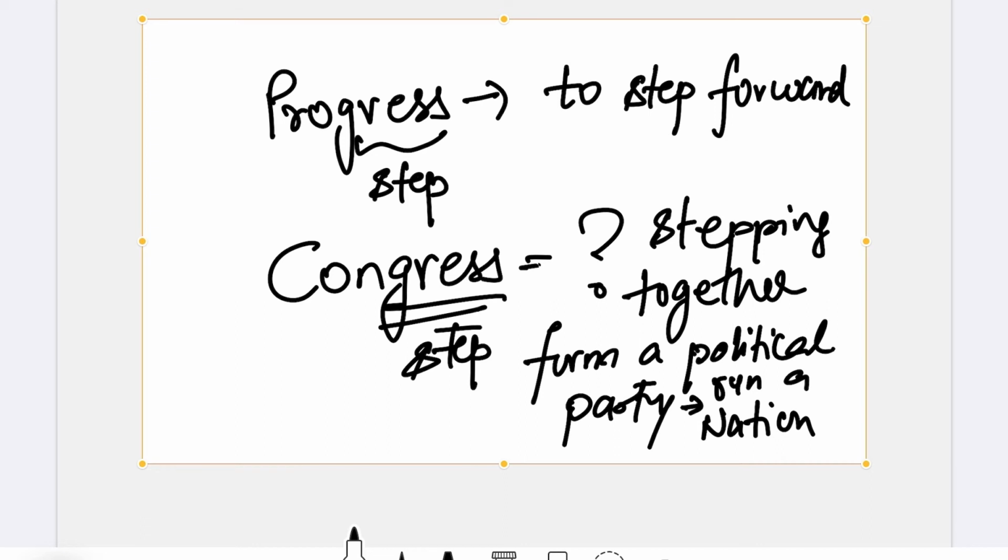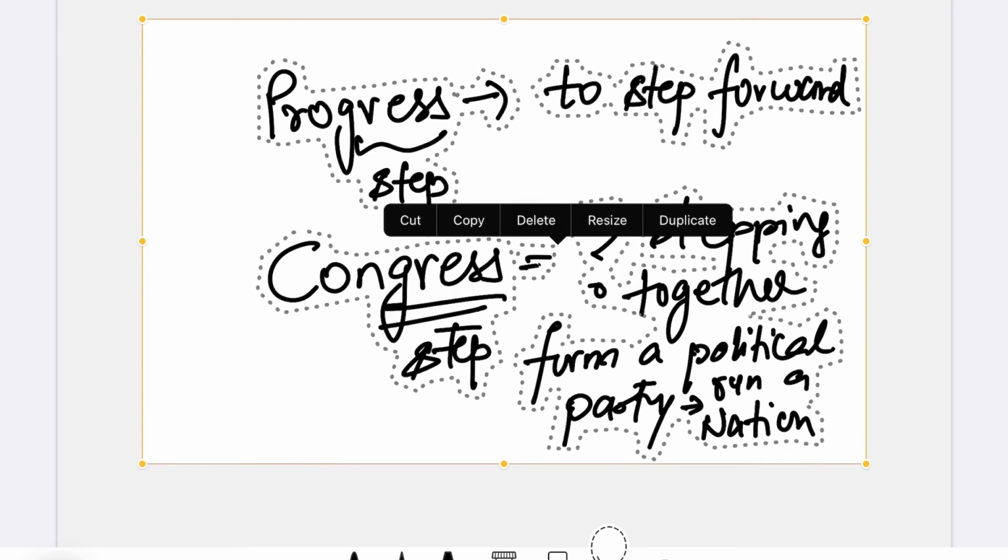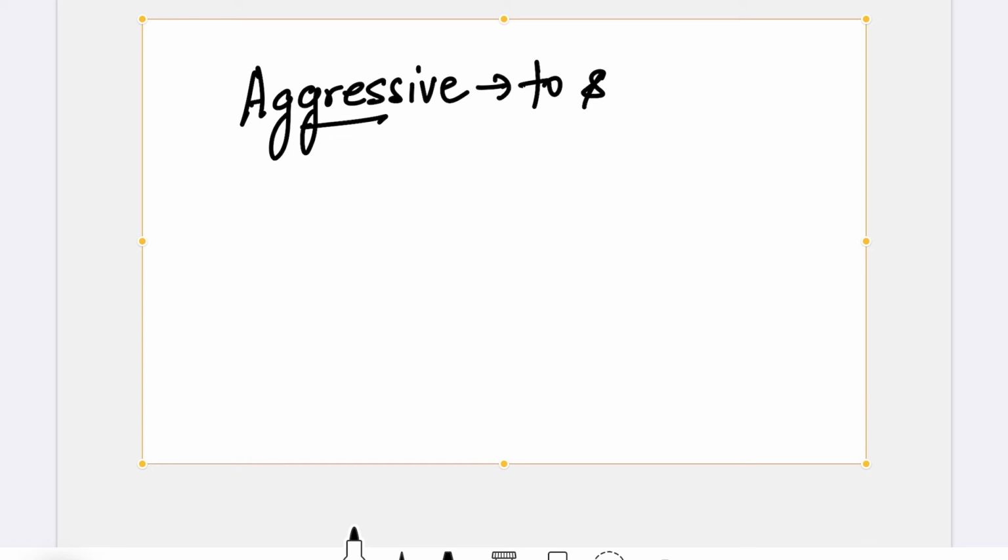Okay? Now, let's move on to our next word for today. So, the word is aggressive. Okay? Again, you can see this word gress. Aggressive means to step.